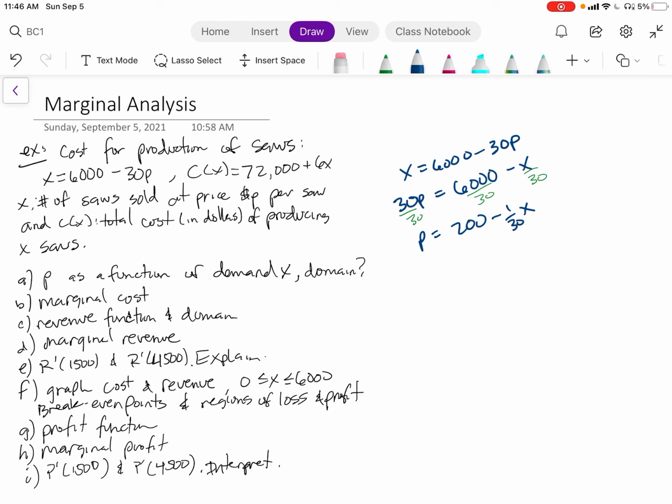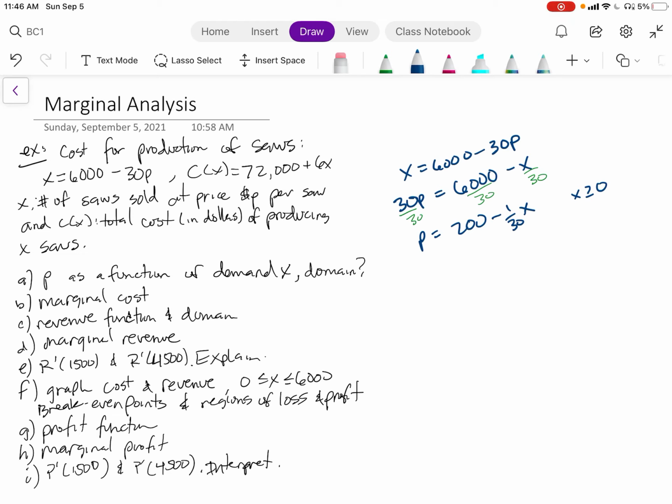I know x has to be greater than 0, right? So let's start there. You're not going to set a price at 0, but technically I guess you could. So we know that. And then what else?